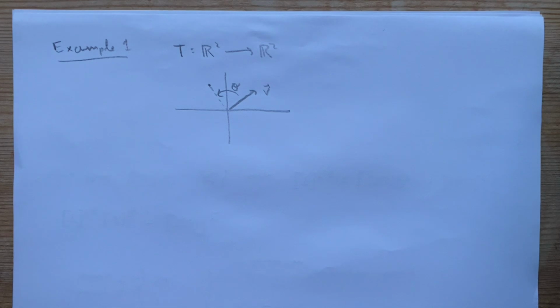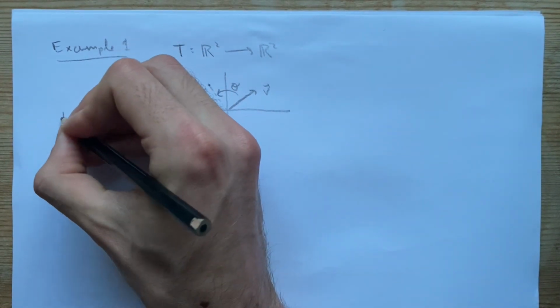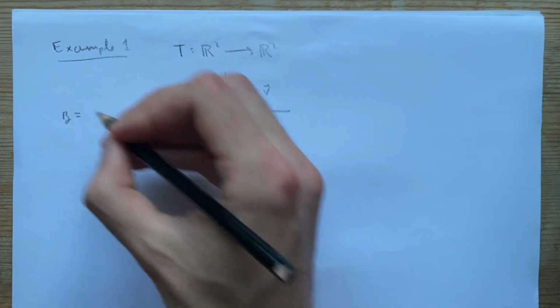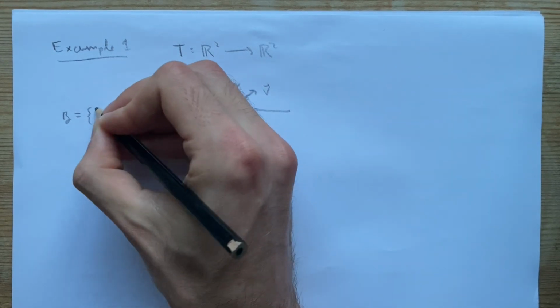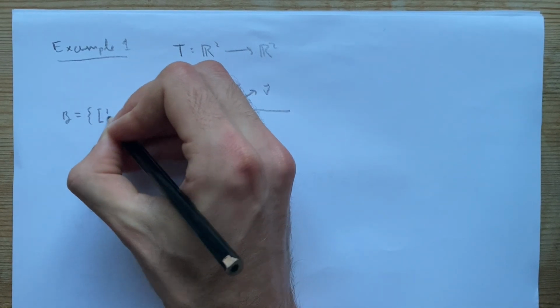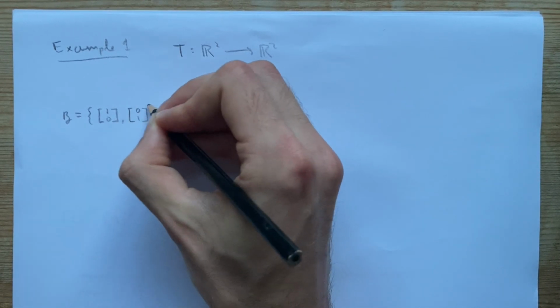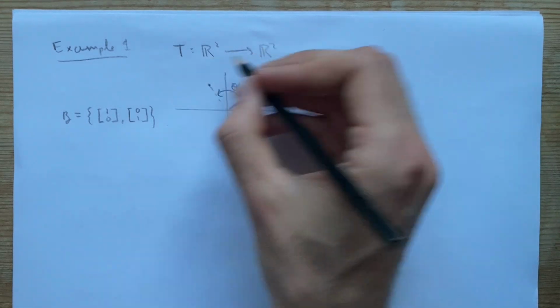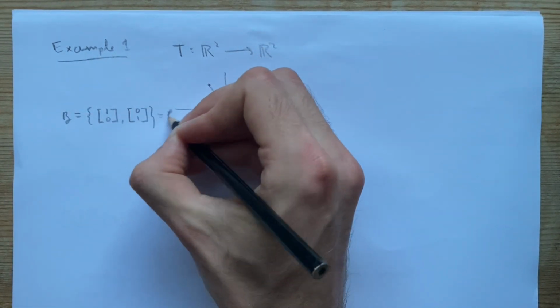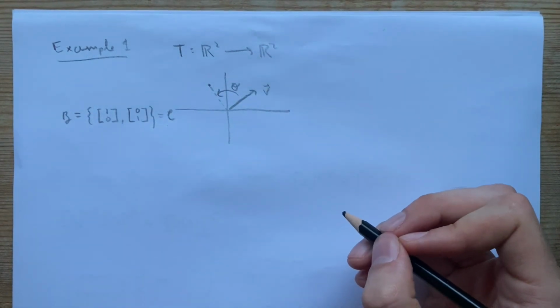And for that, we only need to find first what is the basis here of R2. We will take the canonical basis, so two vectors (1, 0) and (0, 1). And here C is just the same as B.